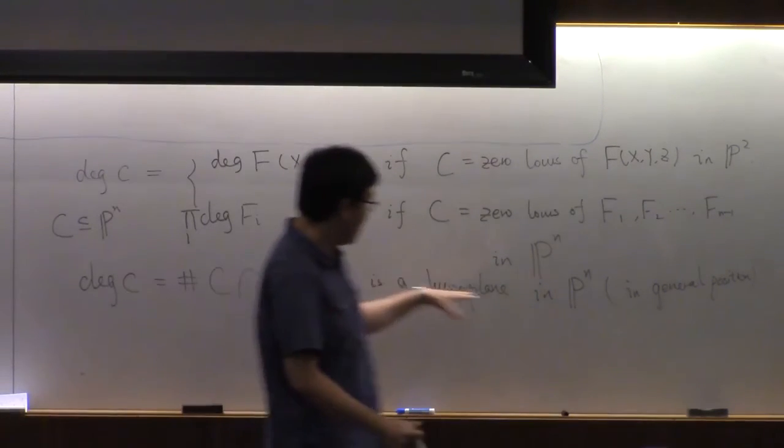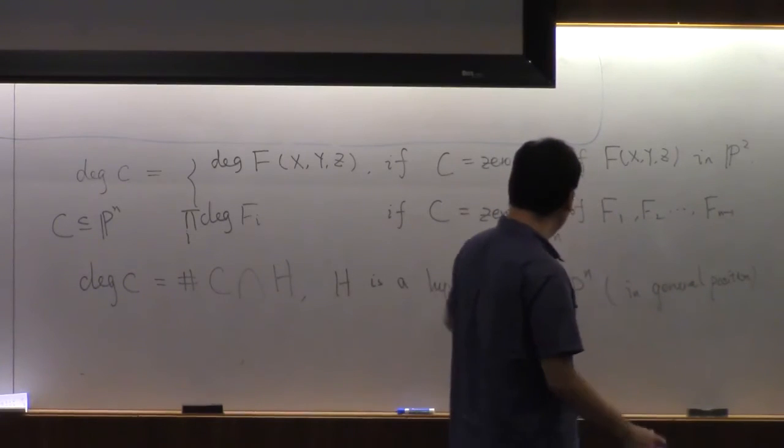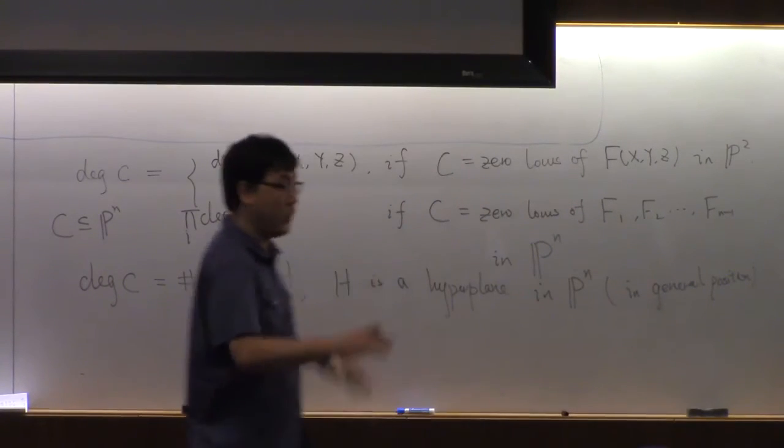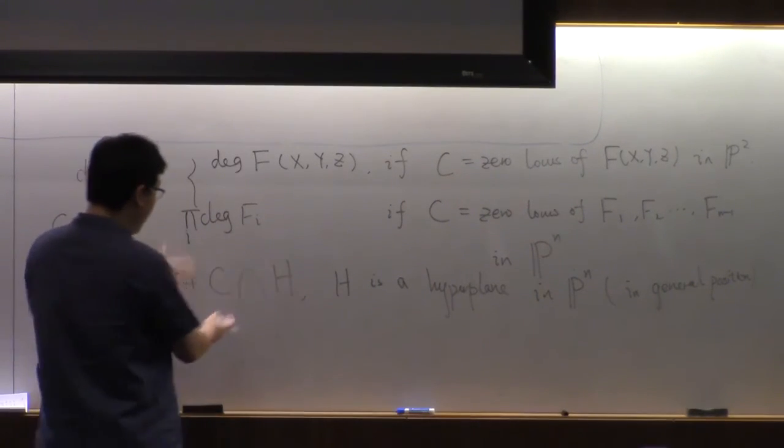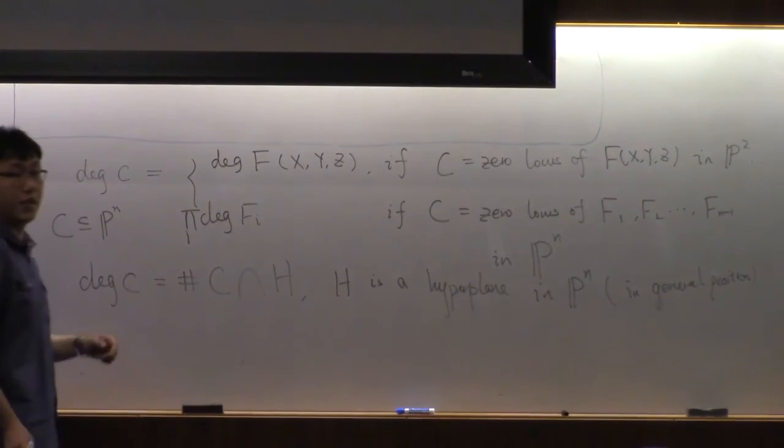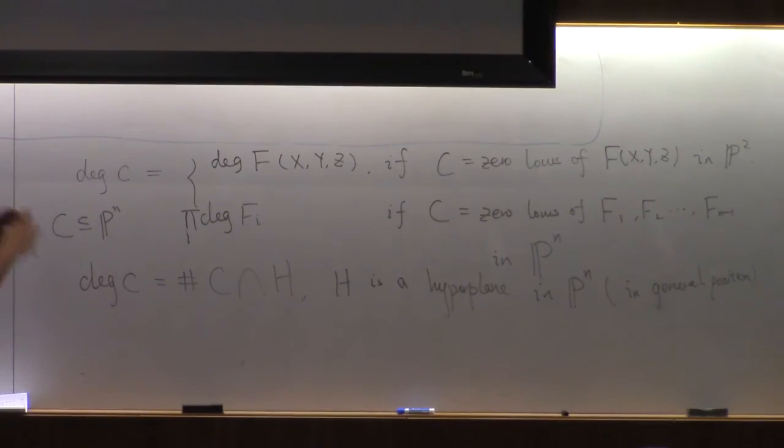Here, I need to assume that this H is in a general position. It means that this H is not tangent to the curve C. So that means if they intersect, then the intersection is good enough. They are not tangent at the intersection point. But you do not need to worry too much about this.